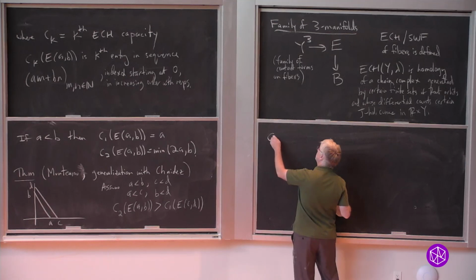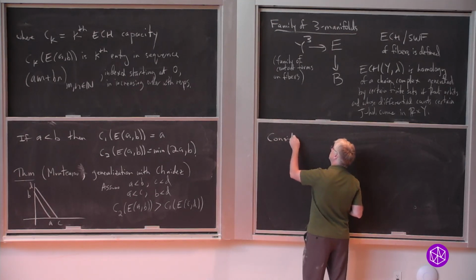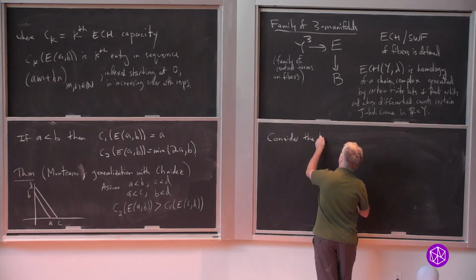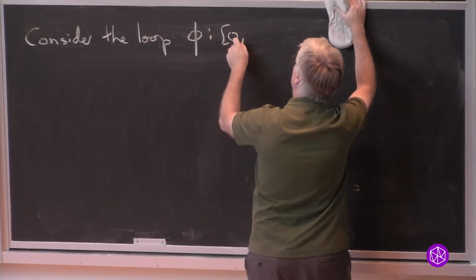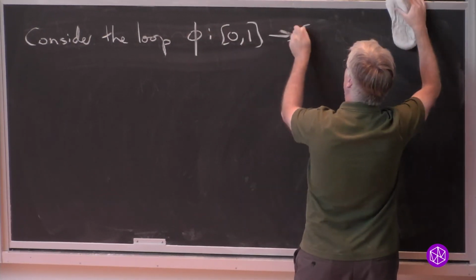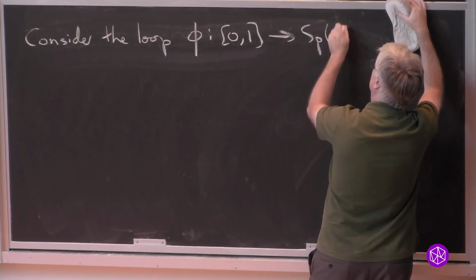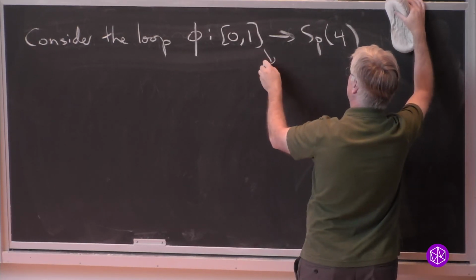And consider the loop phi from [0,1] to Sp(4), which is actually going to map to U(2).